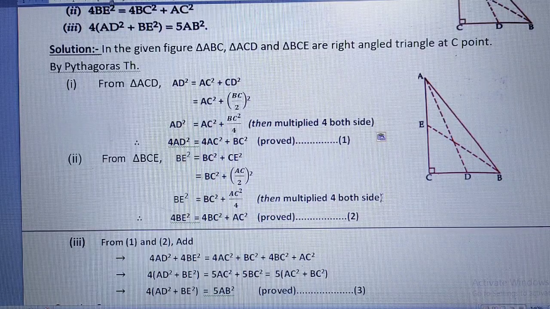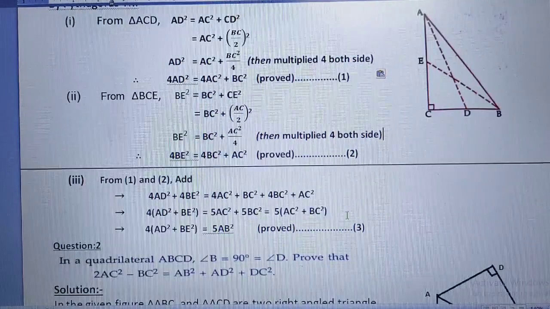That is equal to 5AC square plus 5BC square, which is equal to 5 bracket AC square plus BC square bracket close.